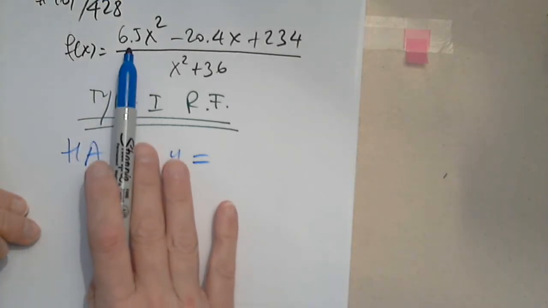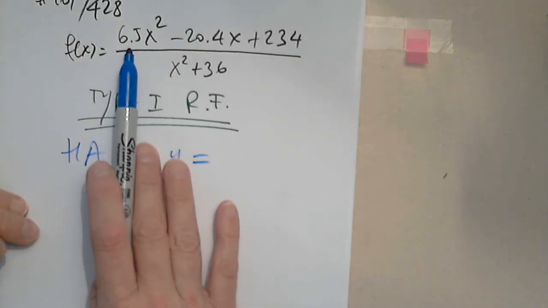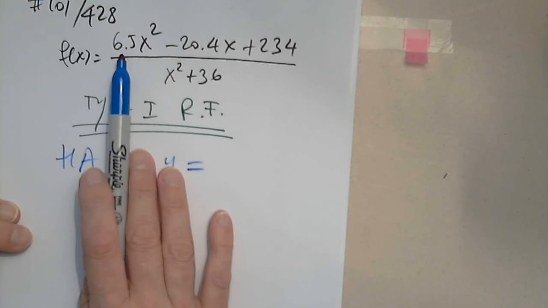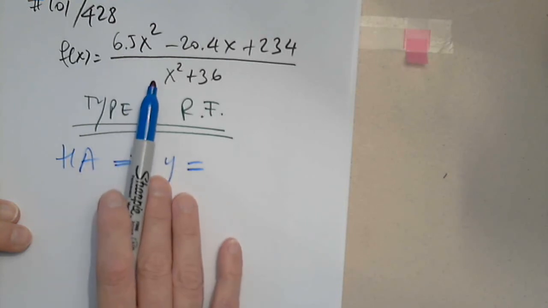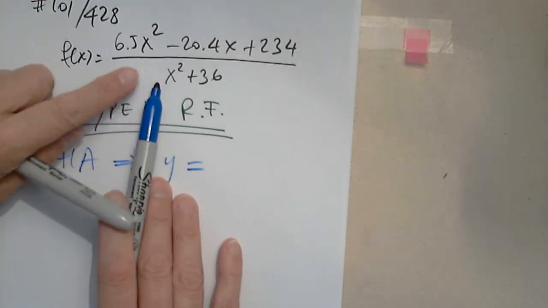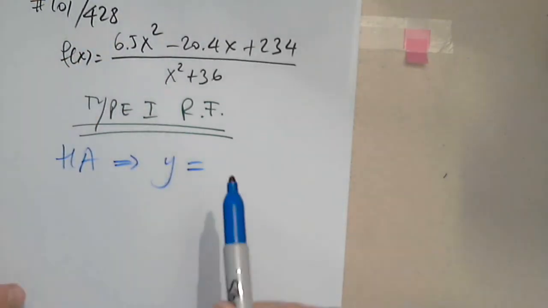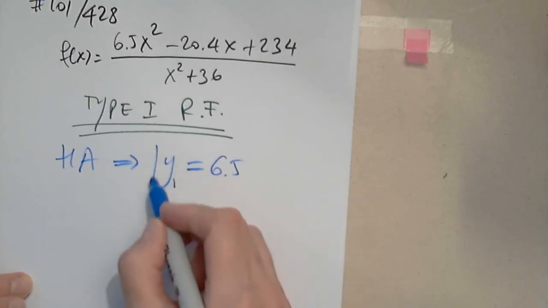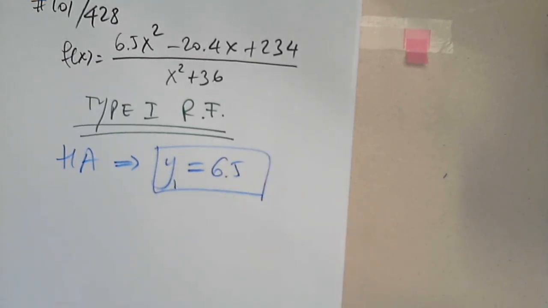What is the leading coefficient? 6.5. What is the leading coefficient in the denominator? 1. So what is 6.5 over 1? 6.5. Yes.